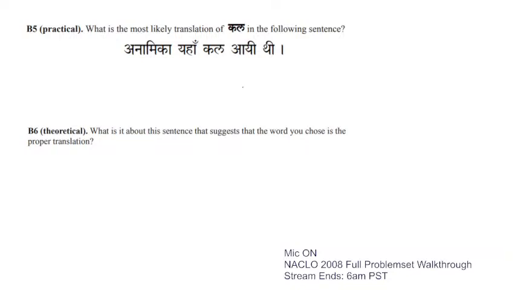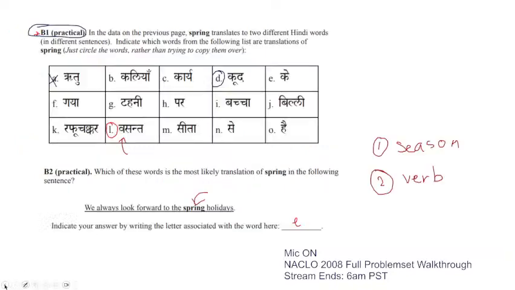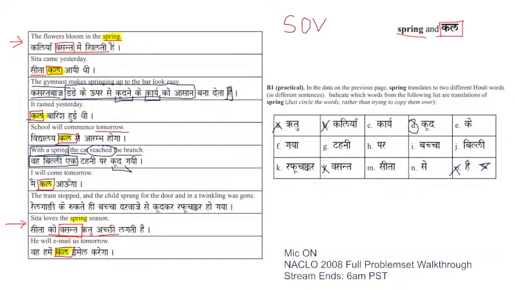Okay, B5. What's the most likely translation of this word in the following sentence? Okay. Let's take a look at the surrounding words for the yesterday one and the tomorrow one. So tomorrow has this next to it. Tomorrow again. I'm not sure, actually.